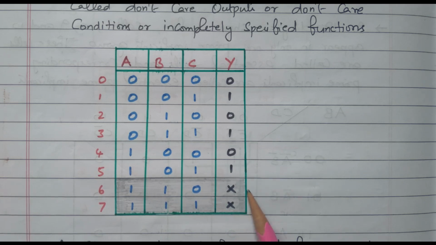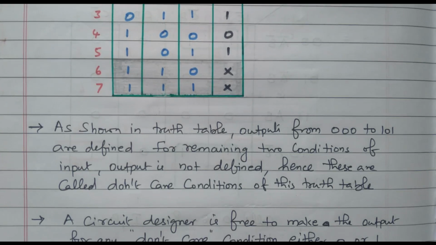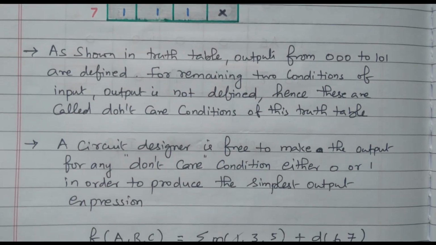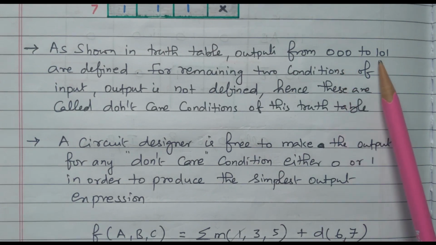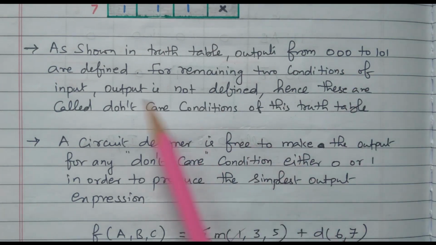Now we'll see how it affects drawing the K-map. The first 6 combinations have the specified output, and the last 2 combinations do not have any output, so they are taken as don't care conditions. As shown in the truth table, the outputs from 0, 0, 0 to 1, 0, 1 are defined.